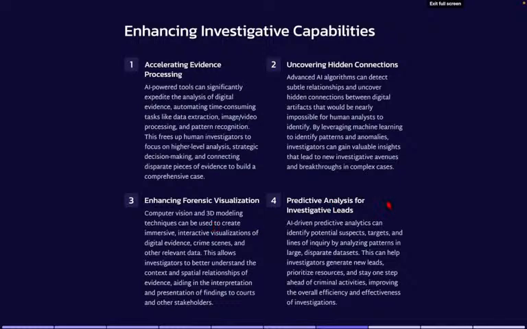Apart from that, we are going to have some predictive analysis for investigative leads. As I told you, suppose in a video or an image there is a knife or a gun, or a person is saying some bad words, and you feel that within 5 or 10 minutes there is going to be a fight. So we have to develop a model which can predict the future based on the words a person is saying.